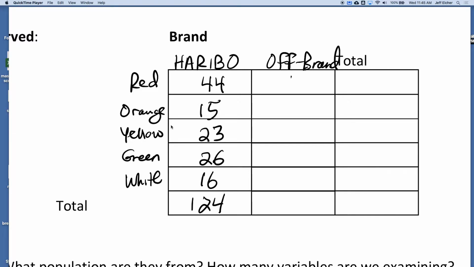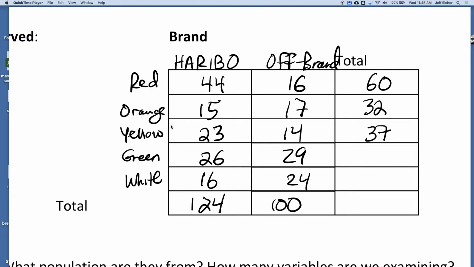And the off-brand was 16, 17, 14, 29, and 24 for a total of 100. And then the total red between the 2 brands was 60, and then 32, 37, 55, and 40 for a total of 224 gummy bears.